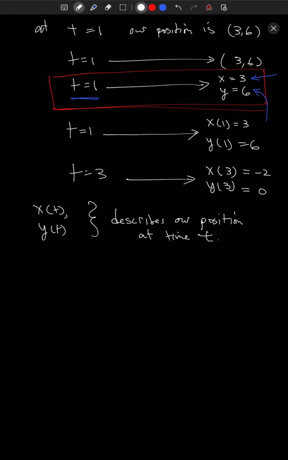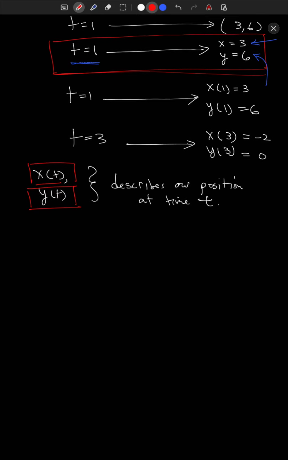This allows us to use the techniques of math, because instead of drawing pictures, we're working with two functions: x of t, which describes our position in the x direction, the horizontal or east-west direction, and y of t, which describes our vertical, or north-south, position.